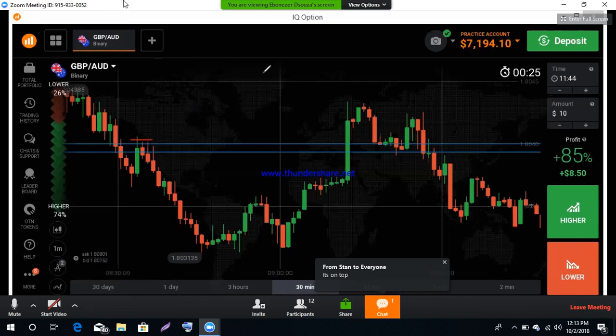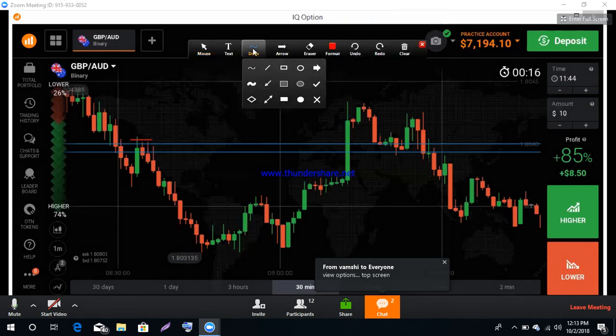Annotation. Okay, view options, top of the screen. Bro, got it. Draw.